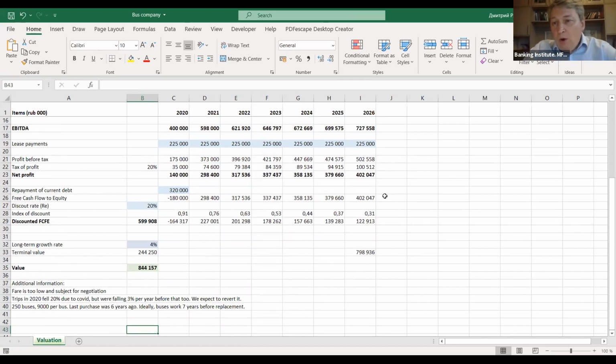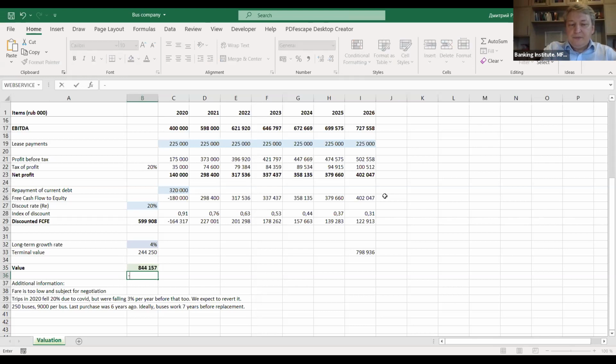So our offer to the current shareholder is the following. We're ready to buy not 100% of the company, but 50% of the company for 250 million rubles. So the first payment for us is 250 million rubles.